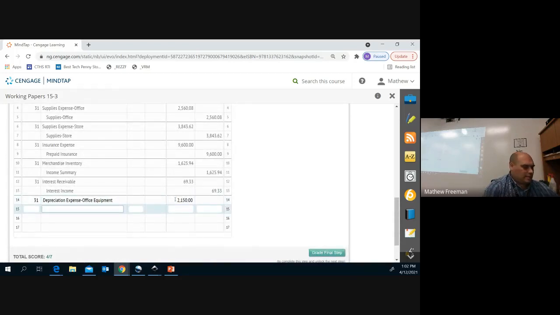Okay. And then now we're going to have our accumulated depreciation for office equipment for the exact same amount. So now we're expensing that off. We accumulated over the time that 22,150, and now we're going to expense it.